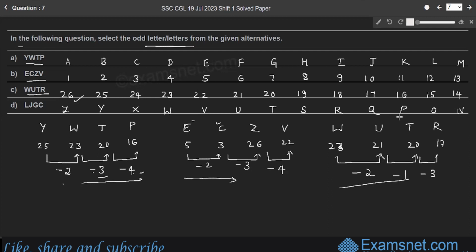So it doesn't follow the same logic, right? Compared with the previous two clusters, therefore this one is the odd one. So this cluster WUTR doesn't follow the logic of the previous ones. You can verify the answer by taking the last cluster, which follows the same logic as the first two, right? Therefore option C is the odd letter cluster.